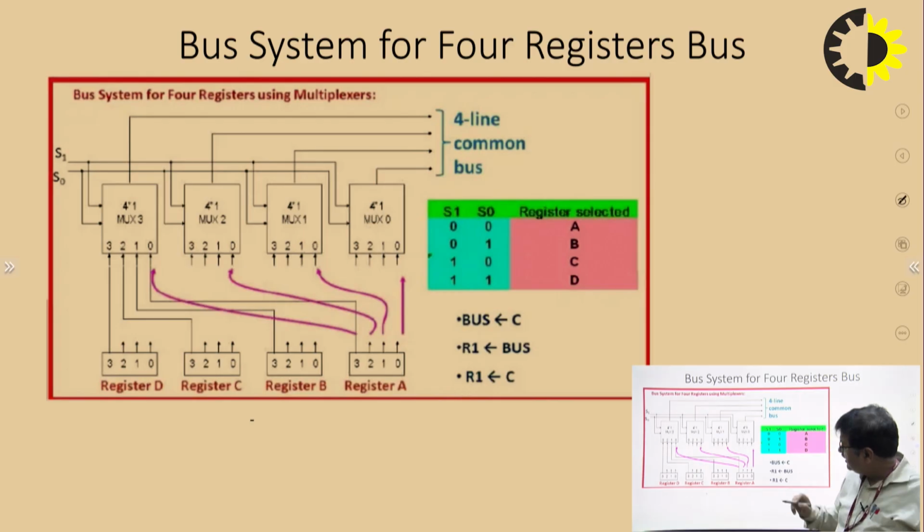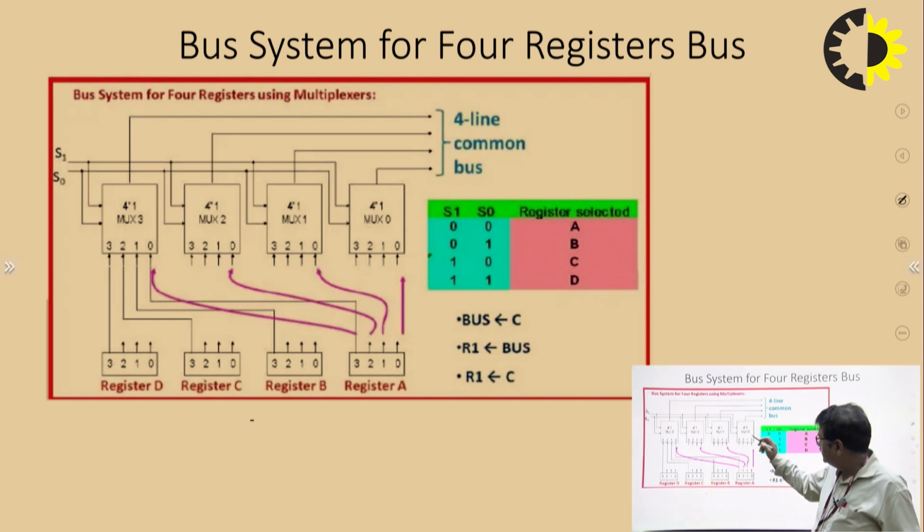Similarly, register B is also connected: bit 0 of register B is connected to the 1 pin of mux 1, bit 1 to the 1 pin of mux 2, the second bit to mux 3, and so on.